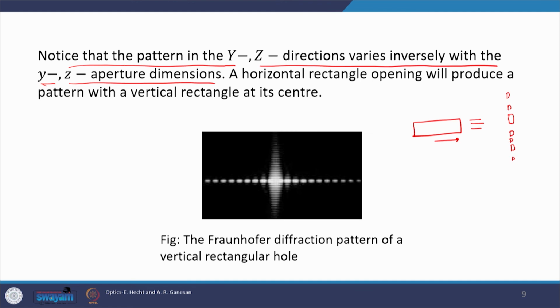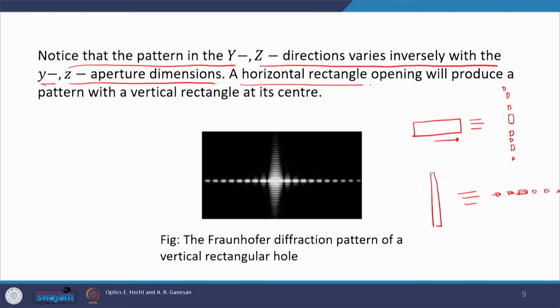If the aperture is elongated in the horizontal direction, you will get a vertical pattern, and similarly if the aperture is elongated in the vertical direction, you will get a horizontal pattern.